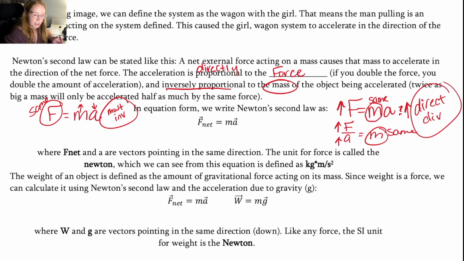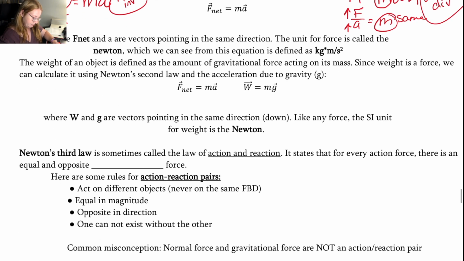But if you want to think about it conceptually, a good example would be moving an elephant versus a feather. If I keep my force the same, so I push the elephant with the same force I push the feather, the elephant will barely accelerate because an elephant is way larger than I am. But if I push a feather, it would cause a large acceleration. So if you keep your force the same, big mass, little acceleration, and little mass, big acceleration, causing an inverse relationship.